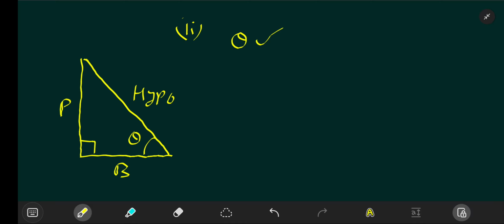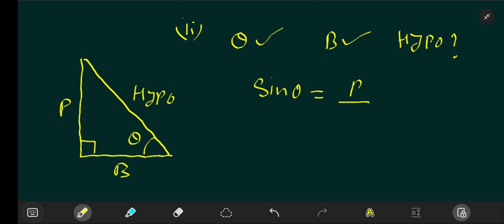Theta is given, base is given, hypotenuse is asked. If we apply sin theta, that is equal to perpendicular side by hypotenuse, here theta is there and hypotenuse is there, but instead of the base, the perpendicular side is there.